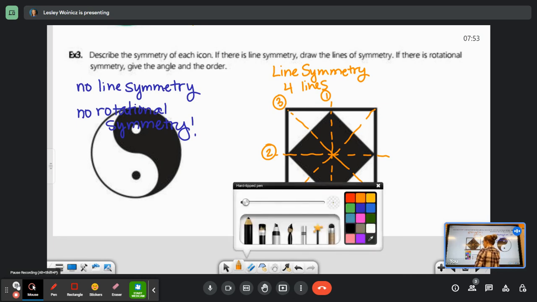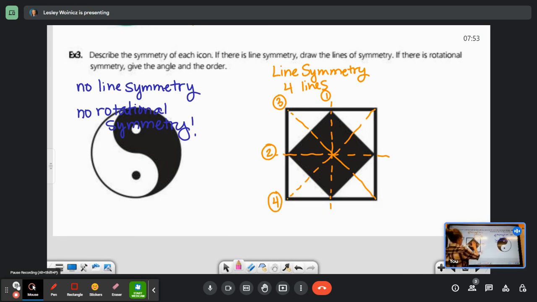All right, let's look for rotational symmetry. So if I rotate this side 90 degrees, here's position 1. If I rotate it 90 degrees, it's going to land over here in position 2. If I rotate it 90 degrees again, it'll land here on this side. If I do it again, it'll land over here.